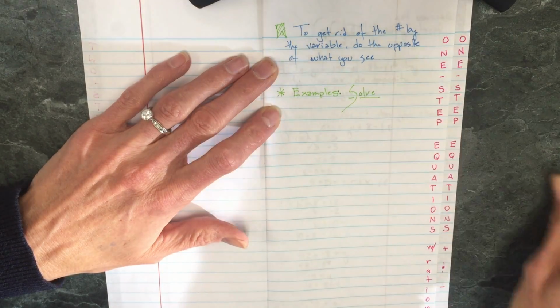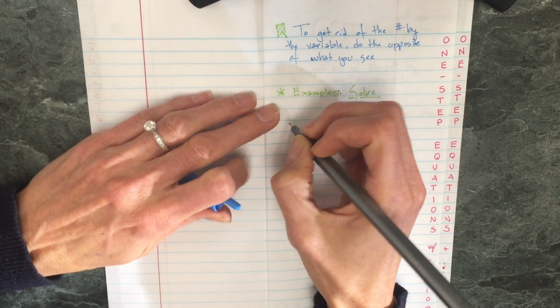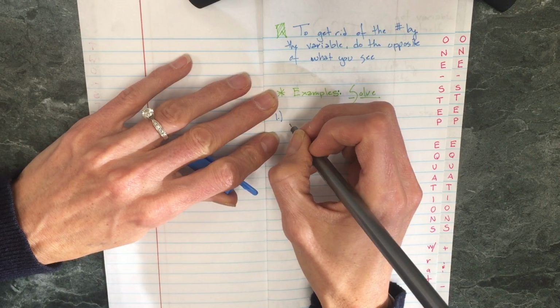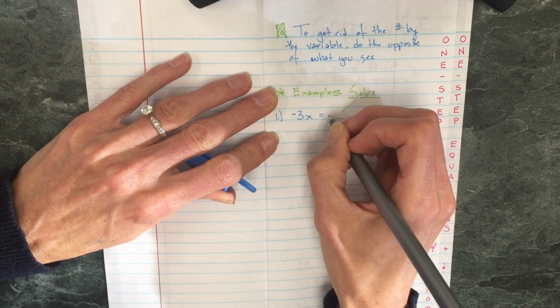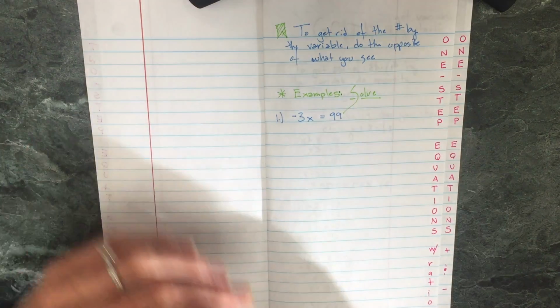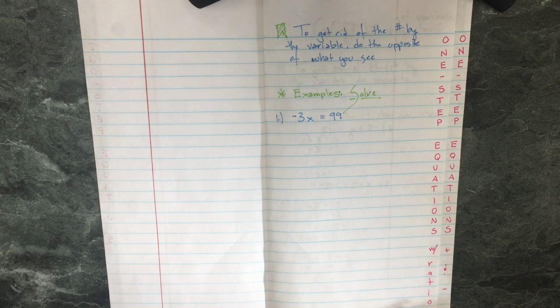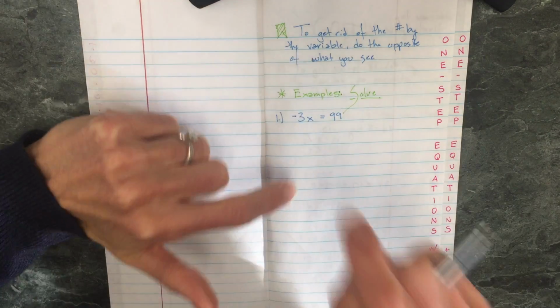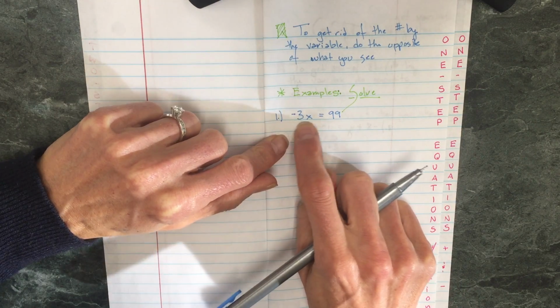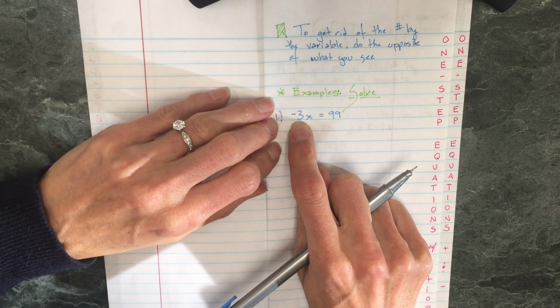So today you're going to solve problems like, here's our first example. Negative 3x equals 99. So I'm looking to see what number is by the variable, and negative 3 is right by x. It's so close it's actually multiplying.